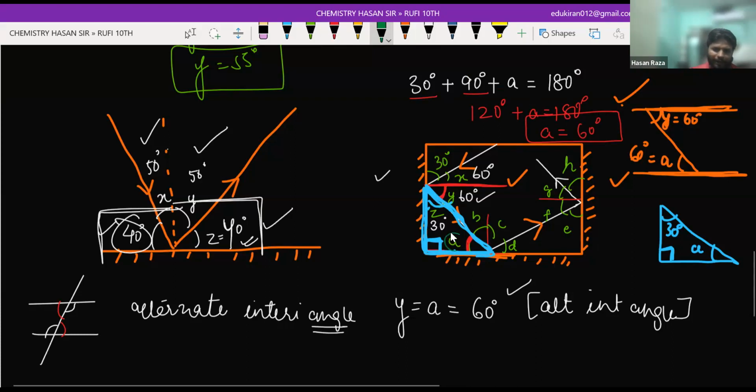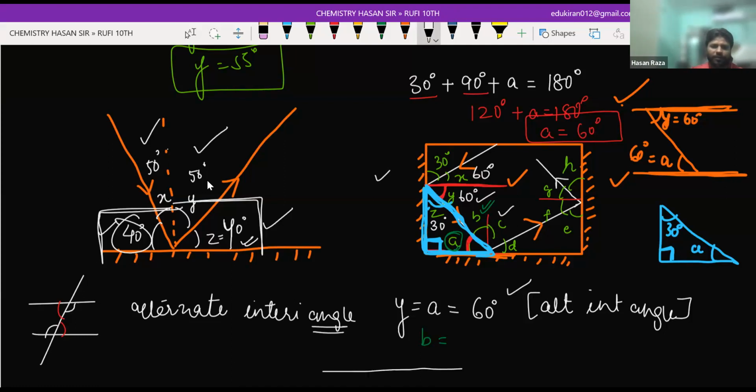If you have got A, what will be the value of B? What will be the value of B? You can see I'm going to represent this one.